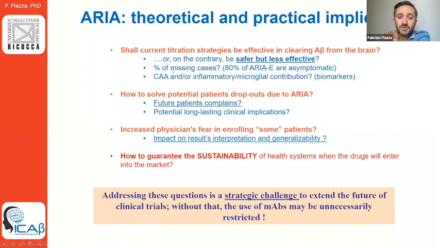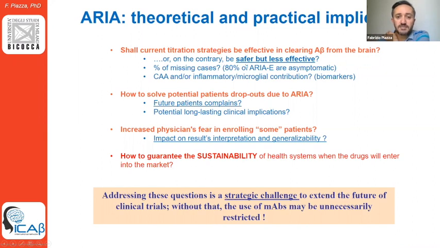Another important consideration is that we saw that most, 80%, of the ARIA-E reported in clinical trials are asymptomatic, and we know that the MRI scan is performed, per protocol, only month by month. How many of these asymptomatic manifestations have been missed between one scan and the other one?